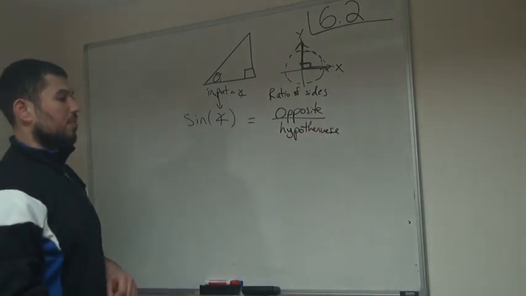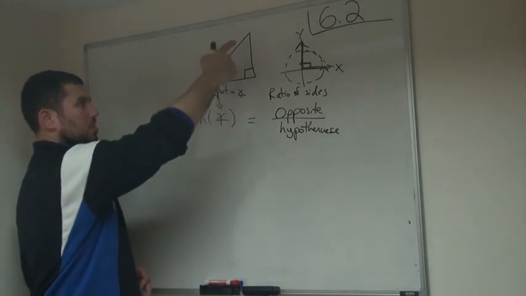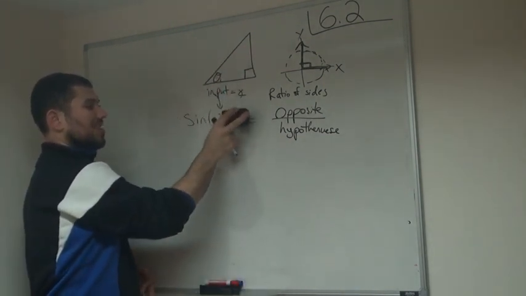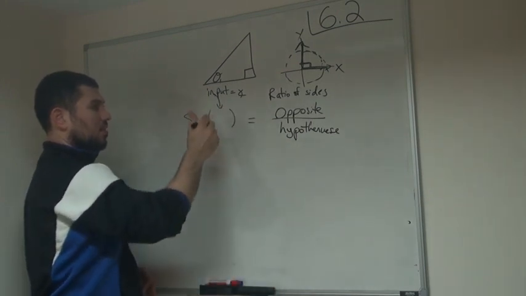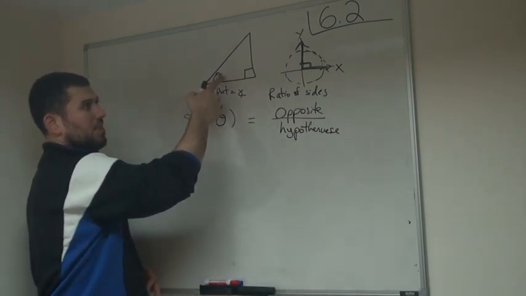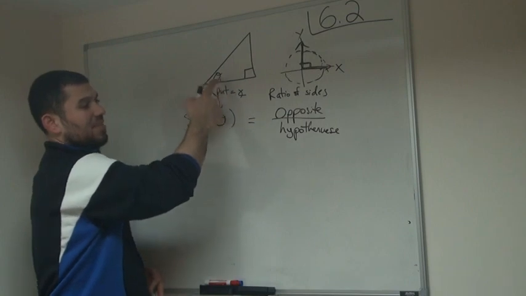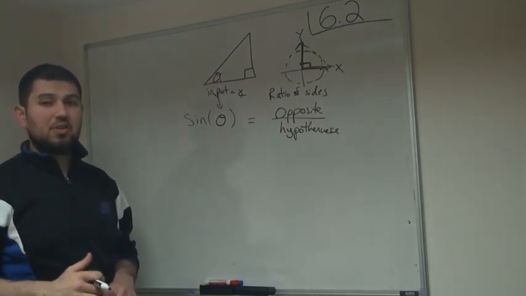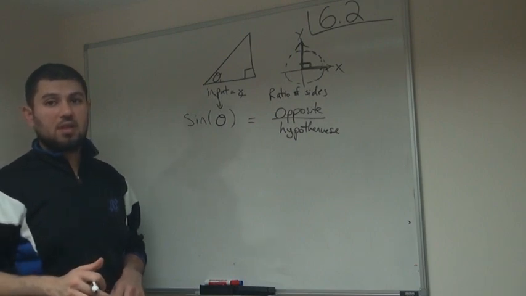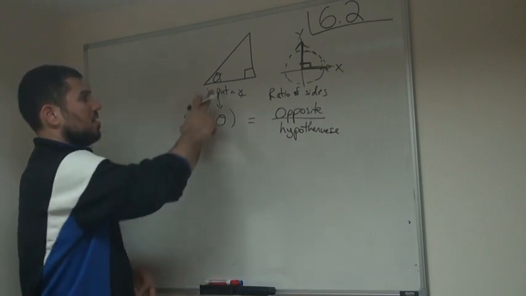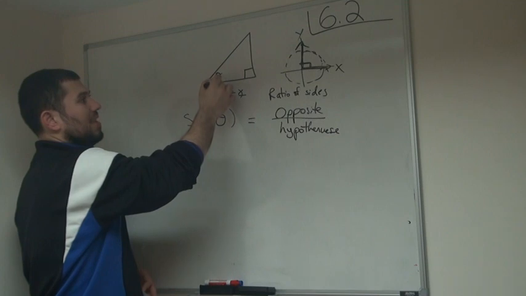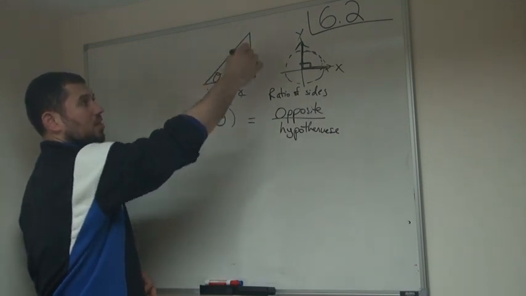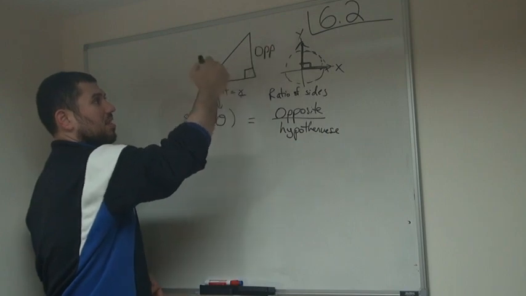Now, depending on the angle drawn, here in this triangle, with theta being my angle, the sine of theta would be equal to, regardless of what the angle is, whether it's 10 degrees or 20 degrees or 50 degrees, the rule that the sine of this angle is the opposite side, the side opposite the angle, over the hypotenuse.